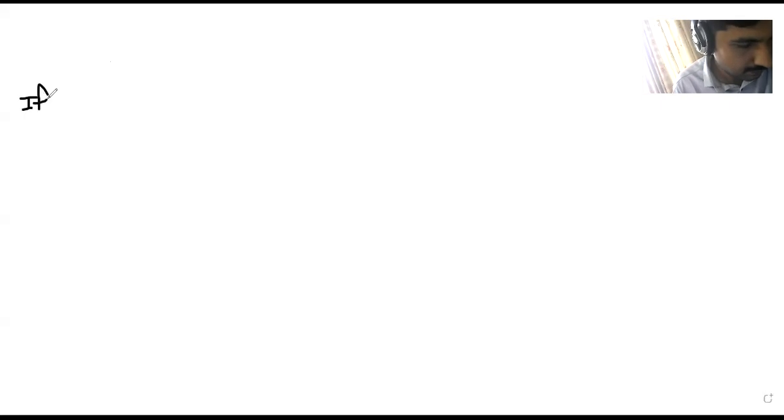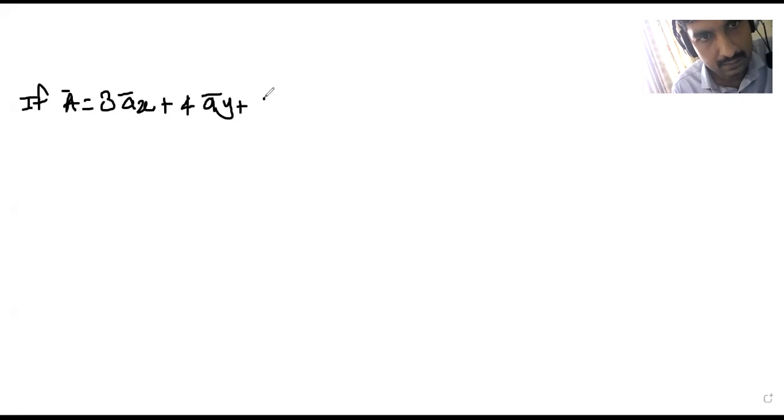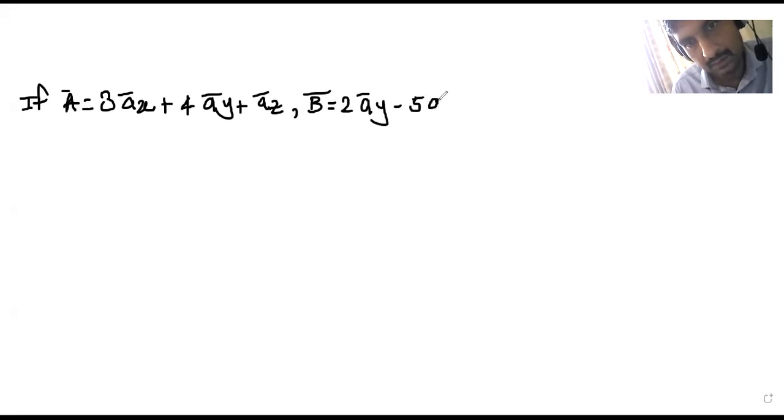If a bar is equal to 3 a bar x plus 4 a bar y plus a bar z, and b bar is equal to 2 a bar y minus 5 a bar z, right?